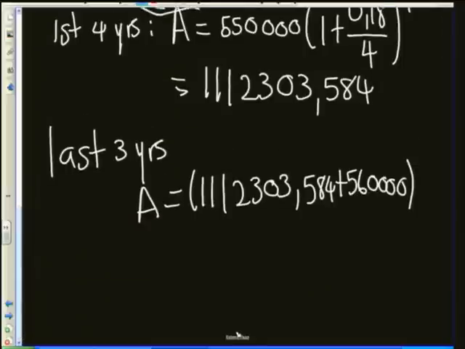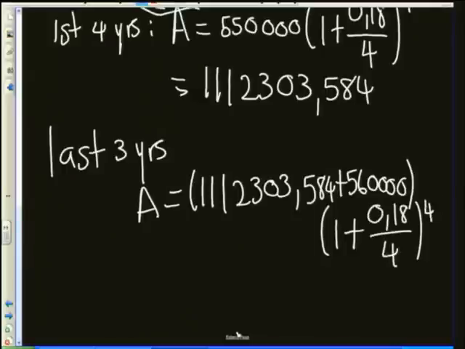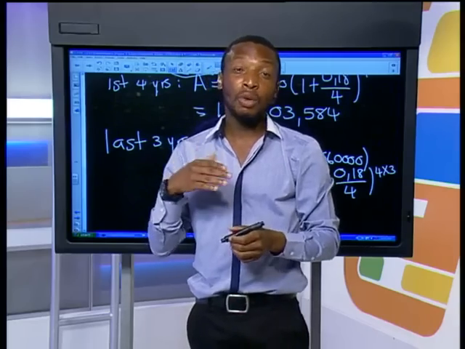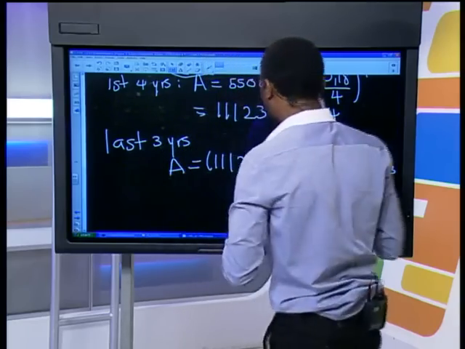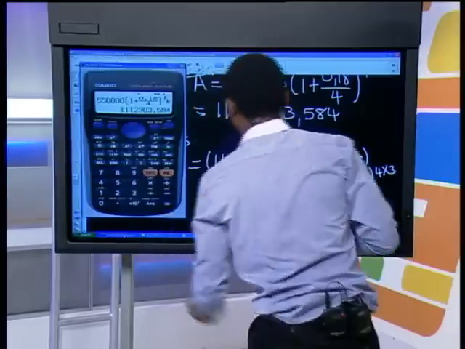Allow me to write this bracket below because I don't have enough space there. 1 plus the interest rate does not change, but it's to the power of 4 times 3. Why times 4? Because it's 3 years, but it is compounded quarterly, so it's 3 times 4, meaning it's compounded 12 times. Now we just need to pick up our calculator again.